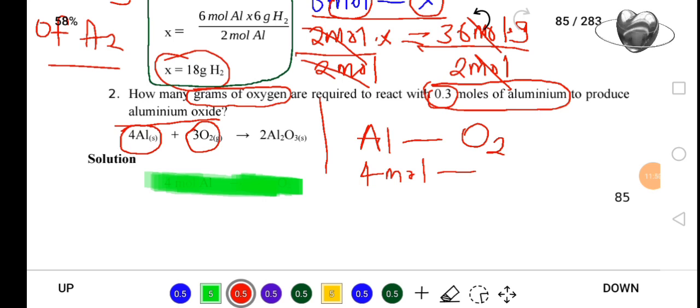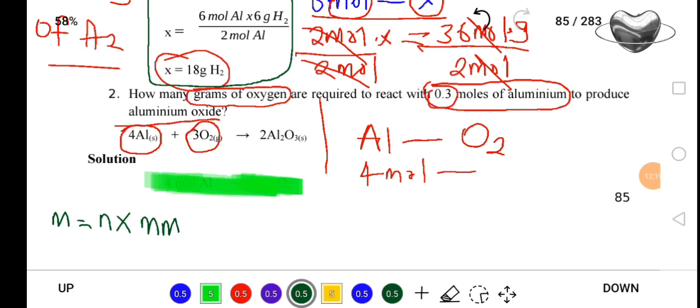So we can calculate that mass. Mass equals number of moles times molar mass. Now, here they have given us the number of moles of oxygen that reacted with the 4 moles of aluminium, which is 3.